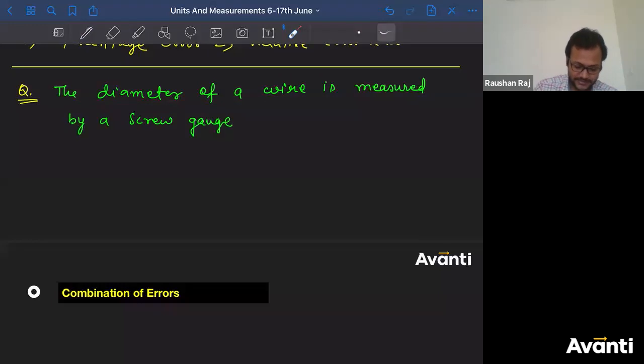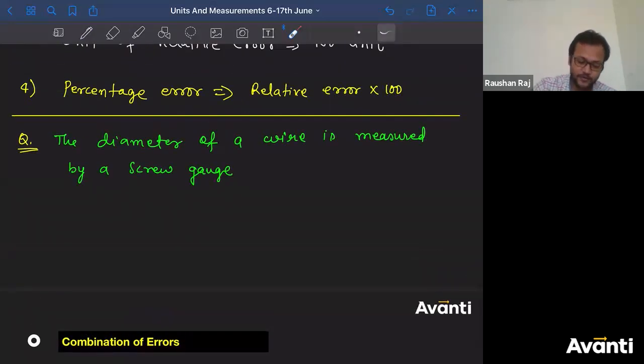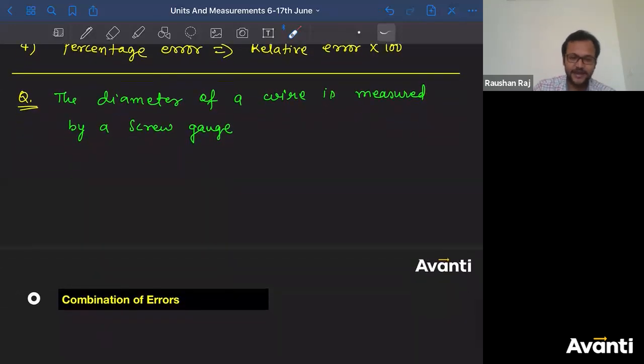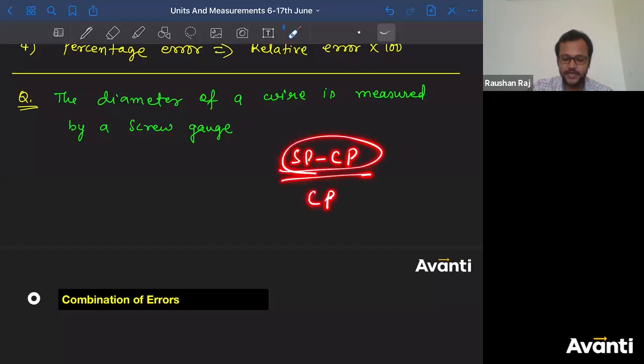थोड़ा think about something बच्चा. See, if I'm not focusing more on this, that means this is very easy for you. So think about that. ठीक है? थोड़ा सोचो उसके बारे में. How do you find percentage rate? Don't you know the meaning of percentage? Fraction into 100 is the percentage, right? If I ask you what is the percentage of profit you have got, क्या करते हो आप? So what is the selling price? What is the cost price divided by what is the cost price? क्या meaning इसका? Change by original into 100.